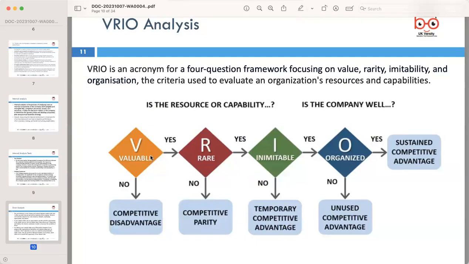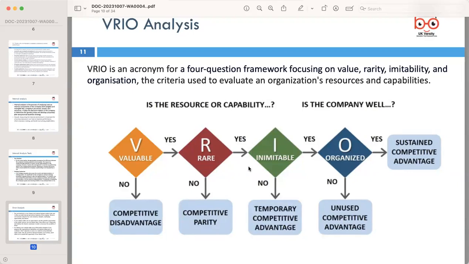Okay, then rare, or rarity, determining if others in the industry possess similar resources. In Google's case, data-based employee management is rare. Then imitability, analyzing if competitors can easily replicate your resources. Again, Google's database management is challenging to imitate due to costs and complexity.